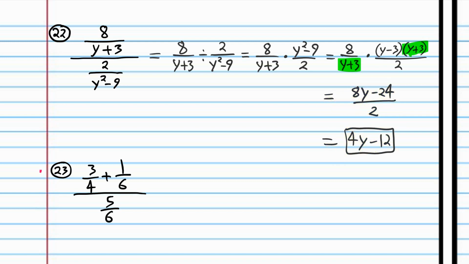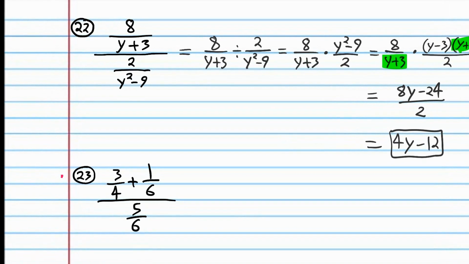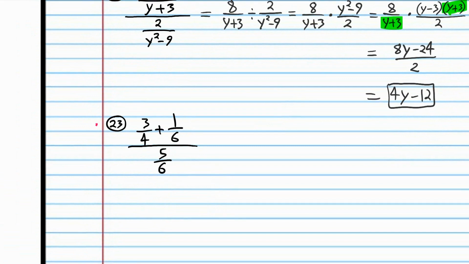All right, so that's when you have a fraction or multiple fractions within other fractions. But notice that in all the previous problems, we had one fraction in the top and one fraction in the bottom. Well, in the next problems, we're going to have more than one fraction in the top or the bottom. So in this case, we have two fractions in the top that we're adding and one fraction in the bottom.